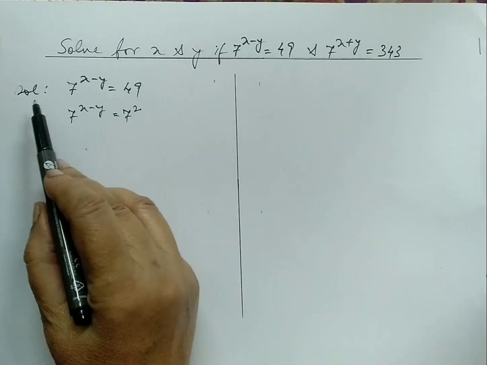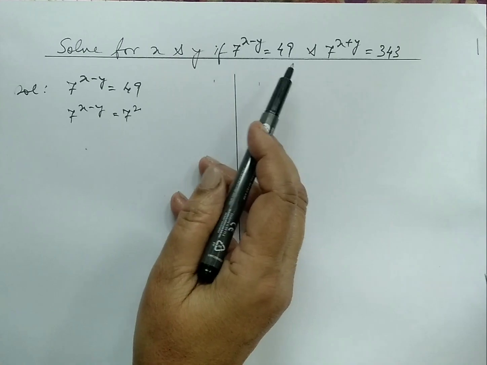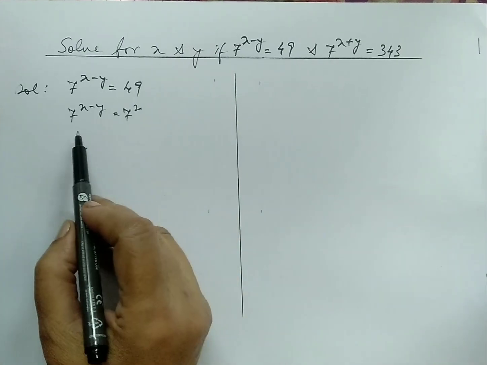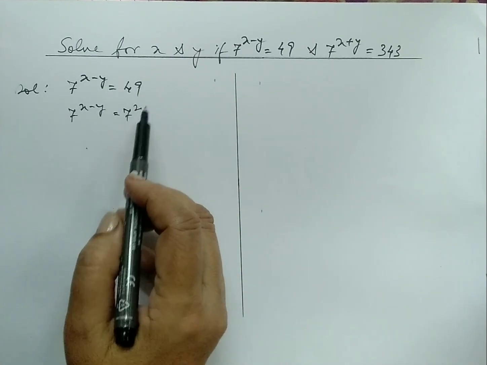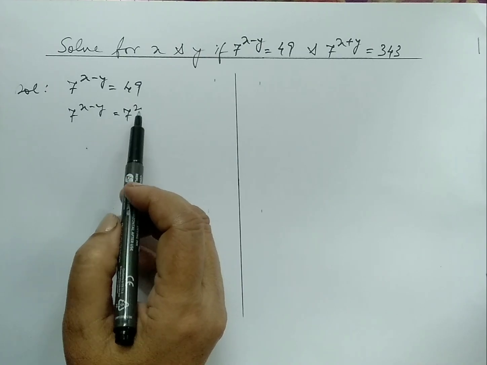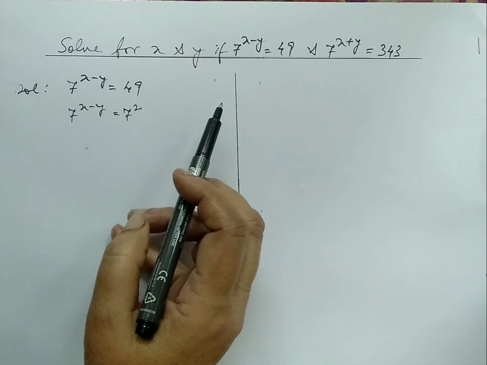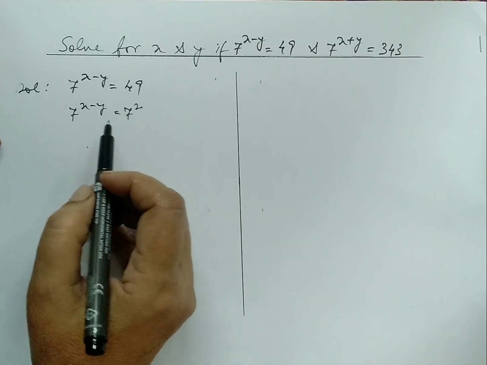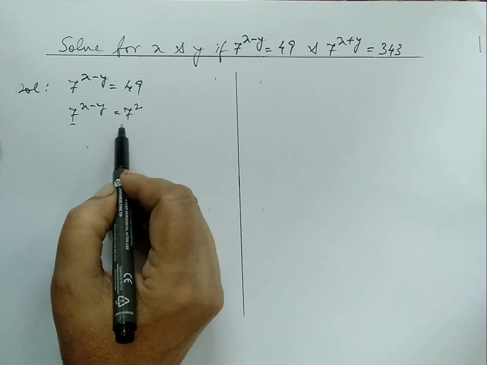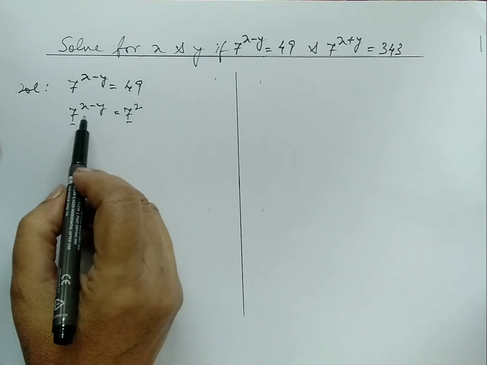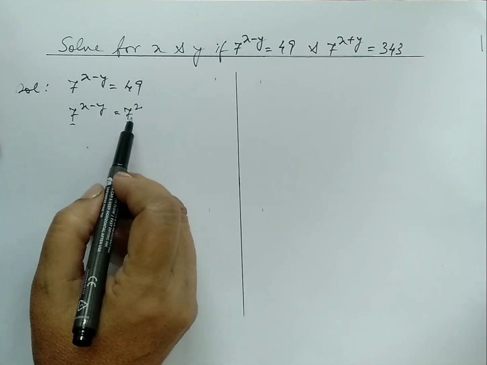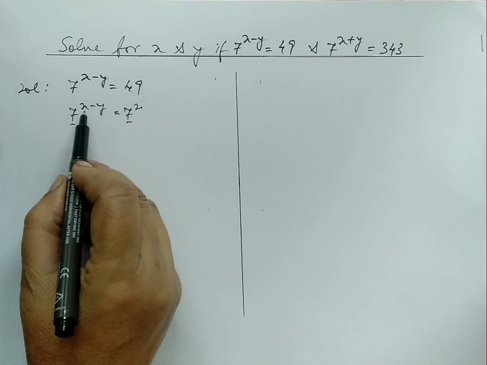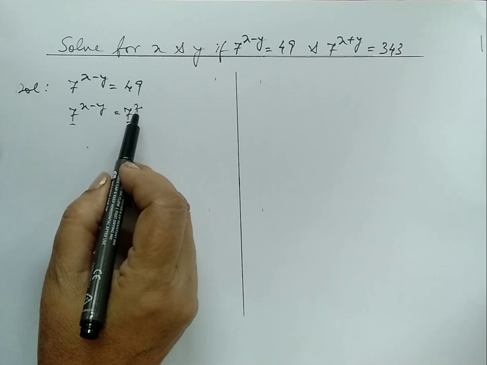So solution, we bring down the first one and we know that 49 is nothing but 7 square. Correct? So in this, what we learn is that 7 is the base, which is similar, which means that we can equally equate the powers.